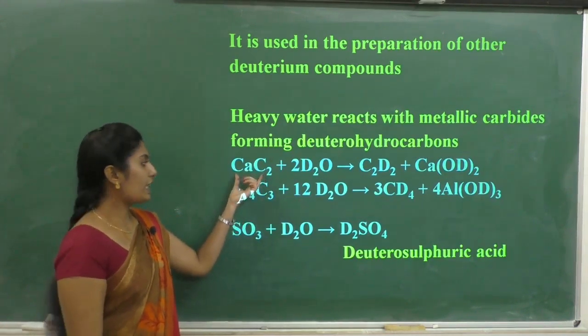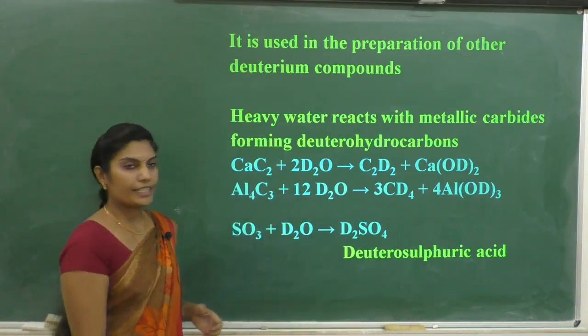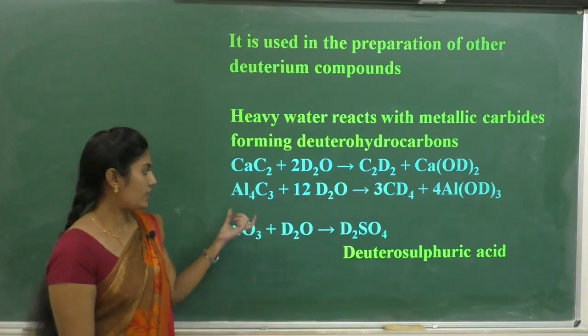For example, when calcium carbide reacts with deuterium oxide, it forms C2D2 plus Ca(OD)2.